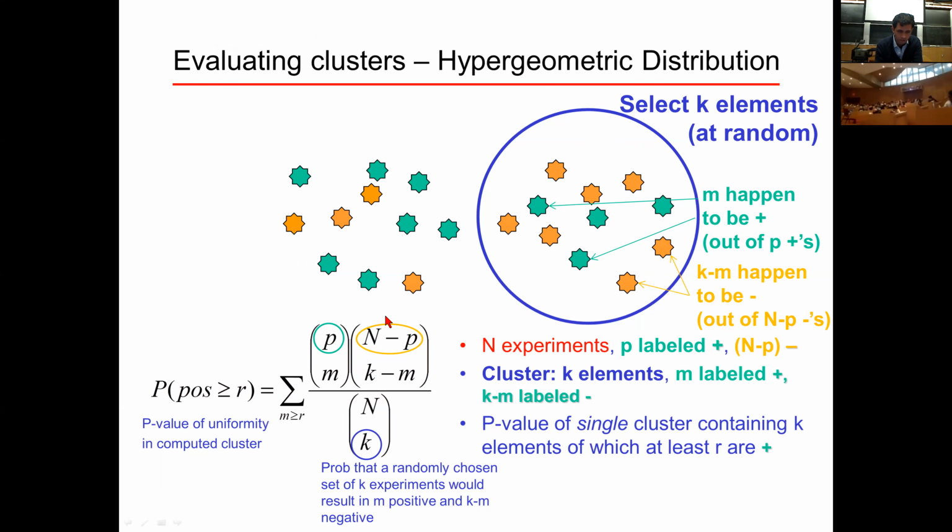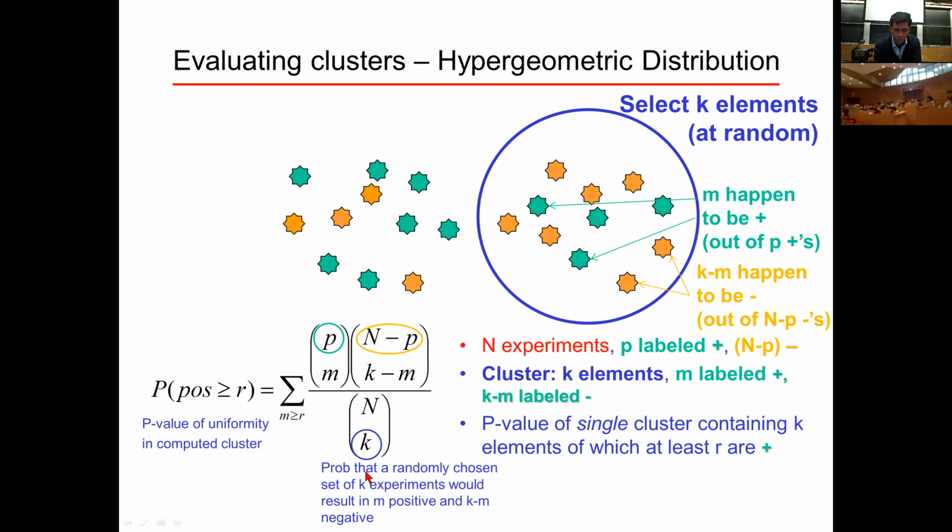One way to do that is the hypergeometric distribution, which is to calculate the probability that the number of positives, say orange, is greater than whatever value I found here, which is simply summing over all possible numbers of such points, and asking what is the chance of, out of m points choosing p, and out of k minus m points choosing n minus p, out of all of the possible ways that I could choose k points out of n.